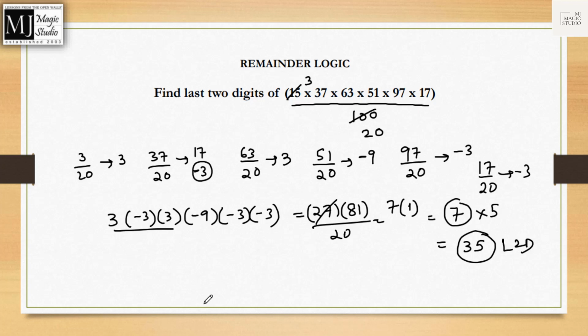If I use a calculator, this number is actually equal to 29405, and you can see the last two digits of this expression are 35. So why actually use a calculator or multiplication to find the last two digits? Let's do one more on the same line.